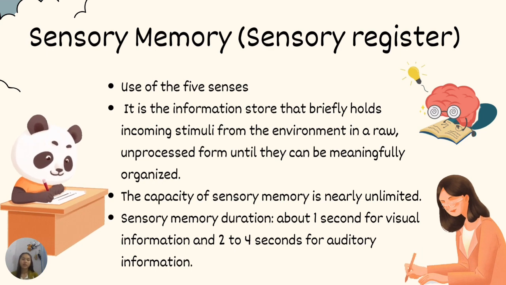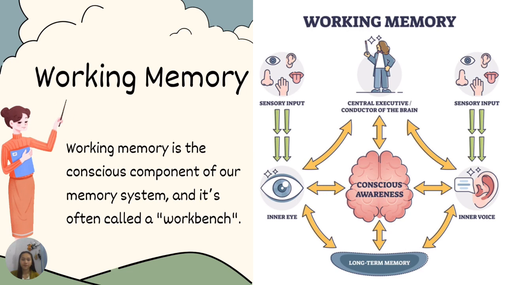Sensory memory retains information for about 1 second for visual information and 2 to 4 seconds for auditory information. Furthermore, sensory memory is the starting point for further processing. It holds information until we attach meaning to it, and then transfer it to working memory, which is the next store. So now let's move on to the next point, which is about working memory.